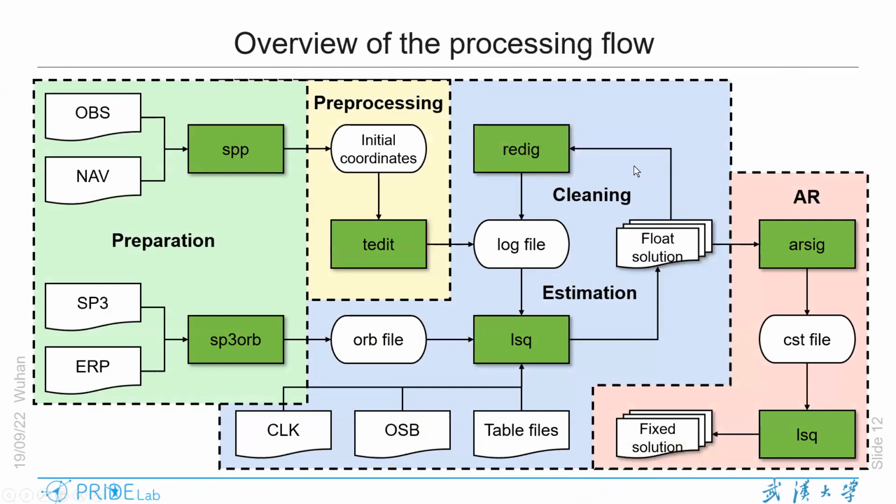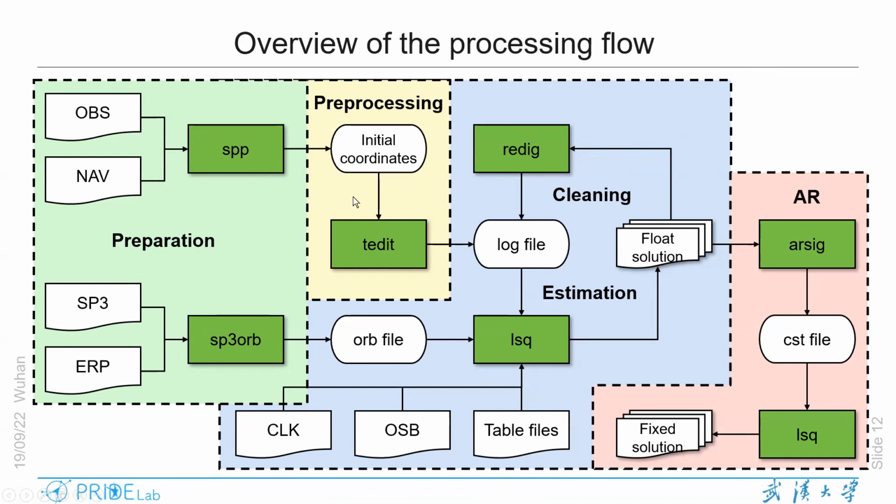After the preparation of environment and files, next, we will enter the main processing flow of PRIDE PPP-AR. The processing flow consists of 4 parts, organized from left to right, and they are connected by the arrows. The preparation of initial coordinates and orbit files is the preparation step.